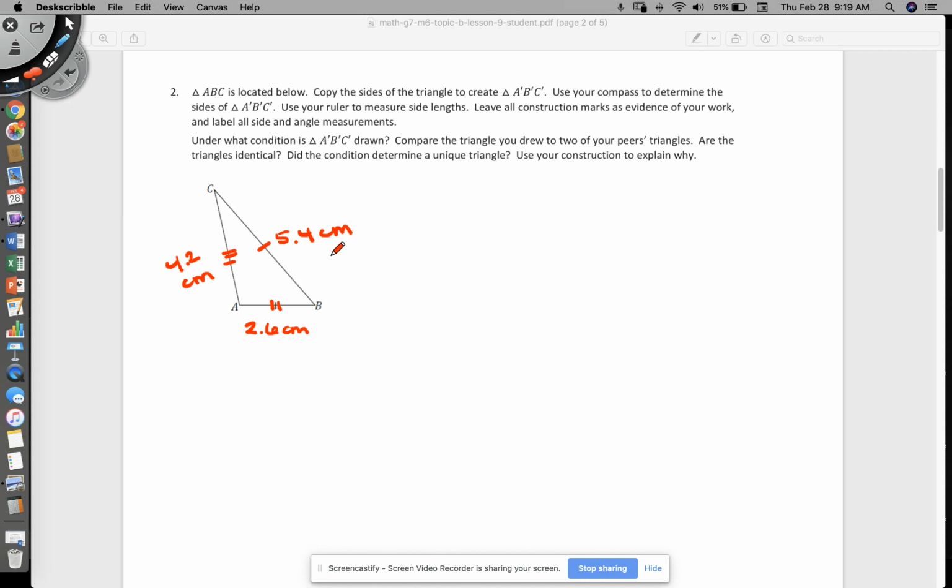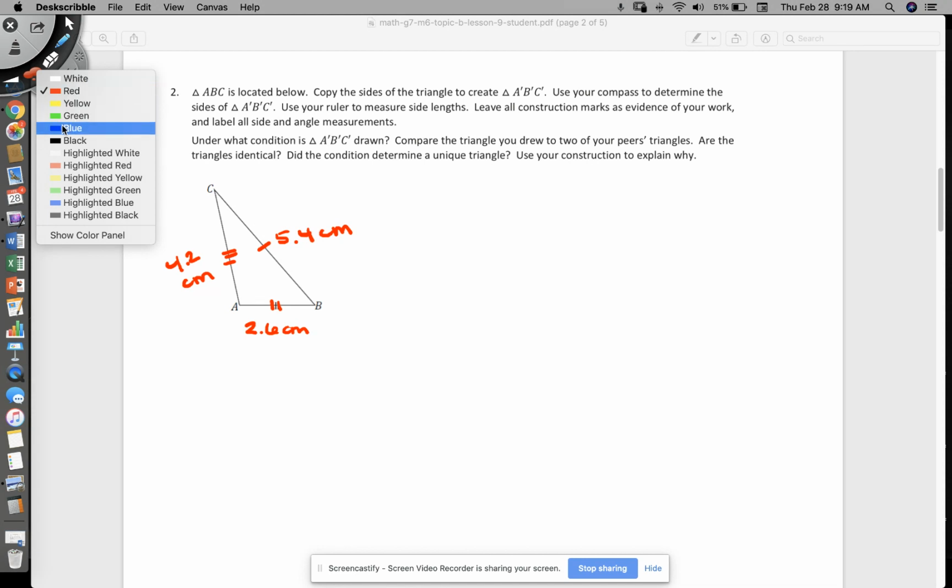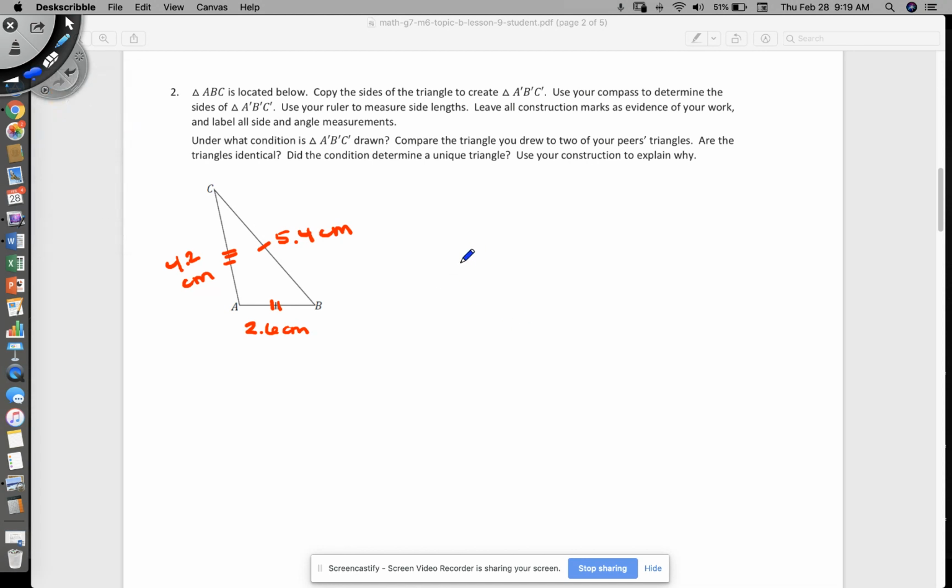Now I want you to draw this same triangle, but I want you to rotate it. Make it identical, but I want you to change its position somehow, okay? So go ahead and pause the video and come back and check yours with mine in just a second here. All right, so what I did is I went in this direction. I kind of flipped it around. So this is my A, and this is my B, and I measured that to be 2.6 centimeters, and I'm going to give that 2 tack marks because my AB had 2 tack marks.